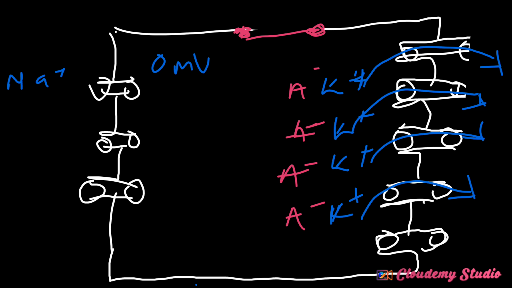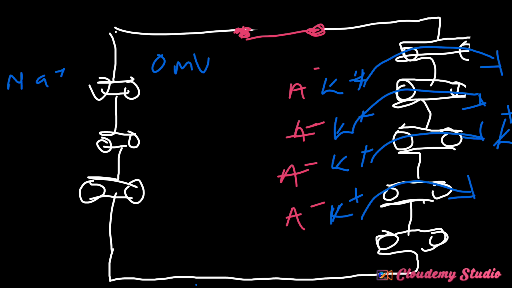Which means the outside will be positive, because more positive charge is flowing outside of the cell. The inside will be negative because more positive is flowing from inside to outside, and we are leaving negative behind.